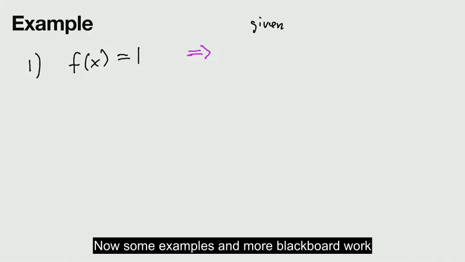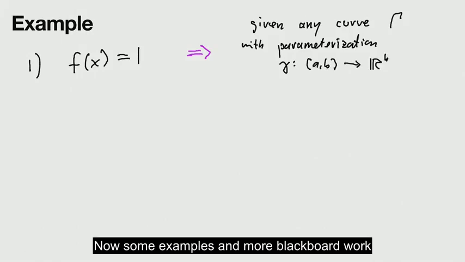Given any curve, big gamma, with parameterization, let's say gamma from a to b, the most simple case is the following. The integral over big gamma of f dl, just plugging in definitions, gives us the integral from a to b of the magnitude of the speed itself, nothing else.